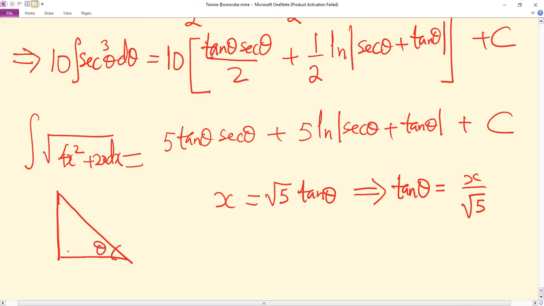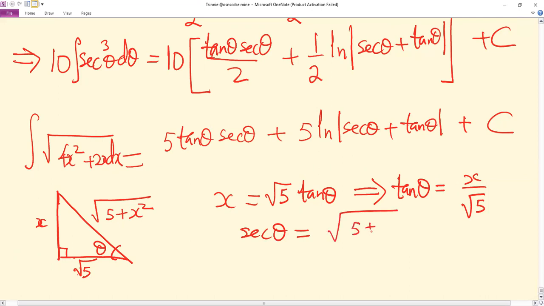Let this one be theta. Tan is opposite over adjacent. So the hypotenuse is the square root of 5 plus x squared. That means sec theta, which is the reciprocal of cosine. Cosine is adjacent over hypotenuse, so sec will be hypotenuse over adjacent: the square root of 5 plus x squared divided by root 5.